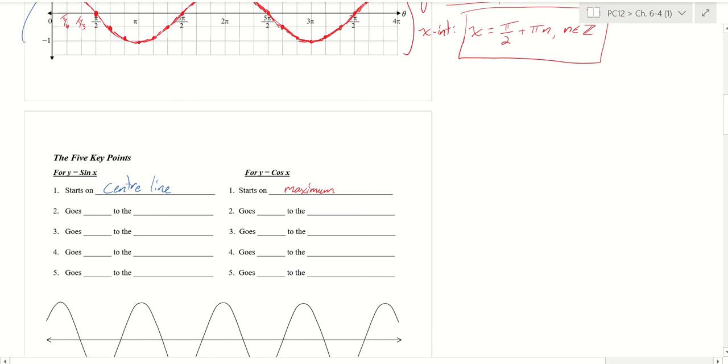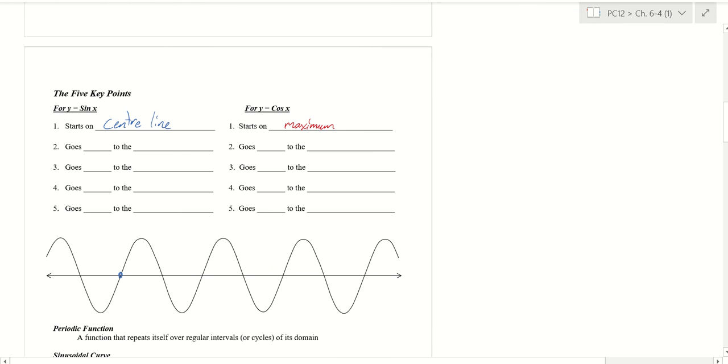Now, if we start to look at sine, let's say this is your y-axis, and this is your x-axis or theta axis, and let's say this is sine. Well, we know that it's going to increase. So it goes up to the maximum. A very common error is to start your sine graph at the center line here, with this being your y-axis, and then go down and decrease.